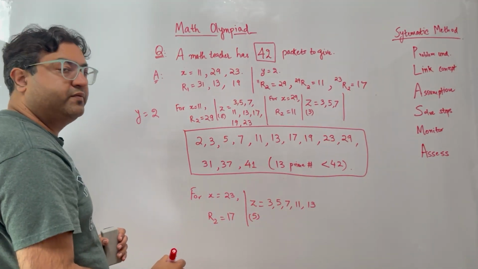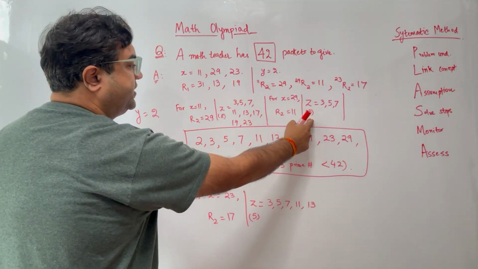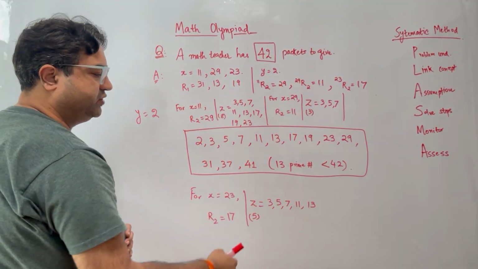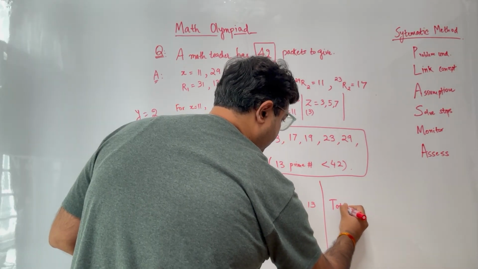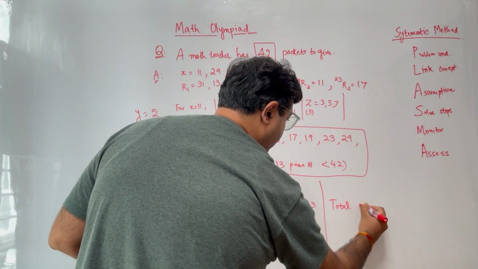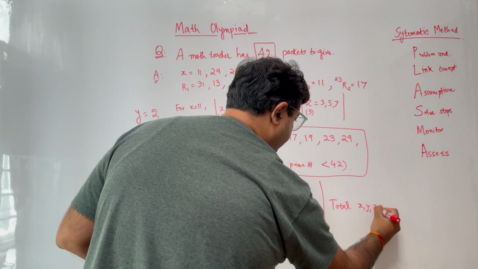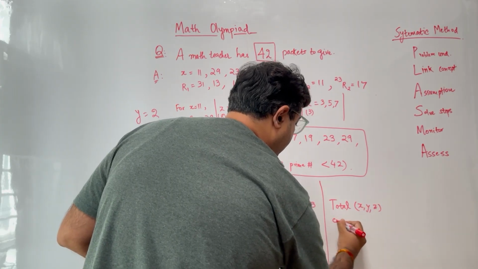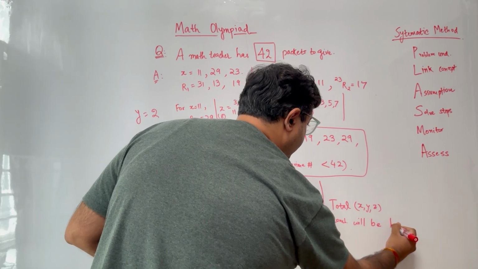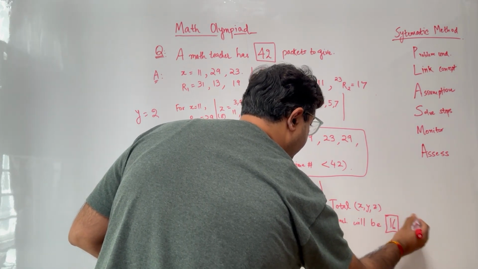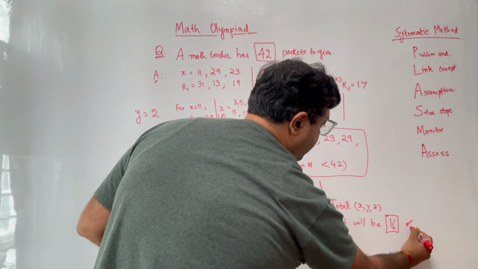So these are our 8 plus 3 plus 5. So this is total 16 combinations. Total x, y, z combinations will be 16. And that's our answer.